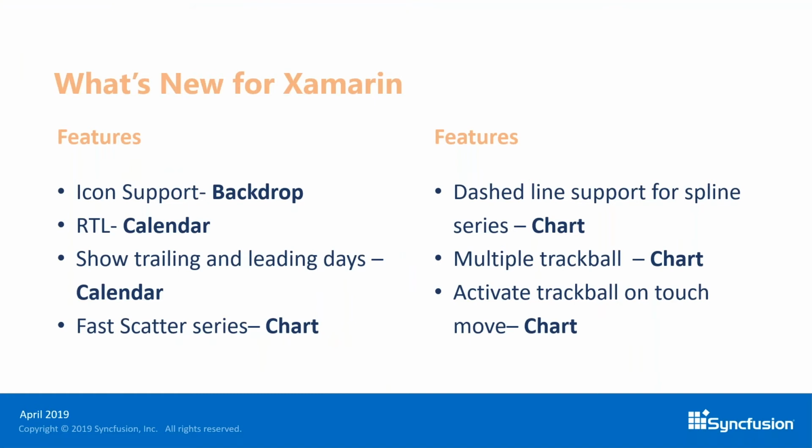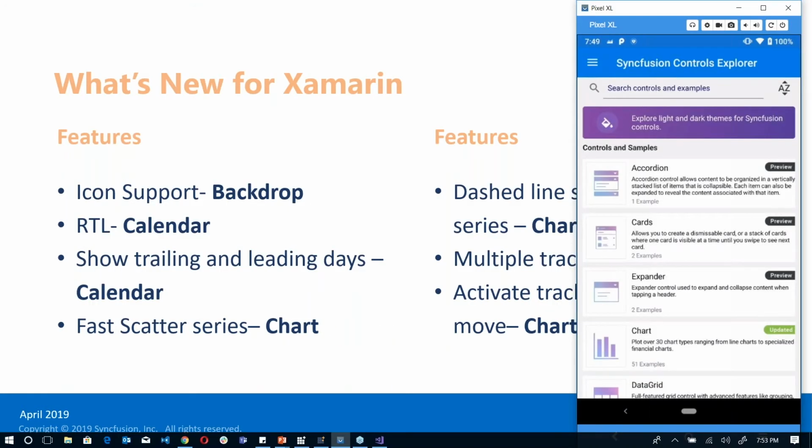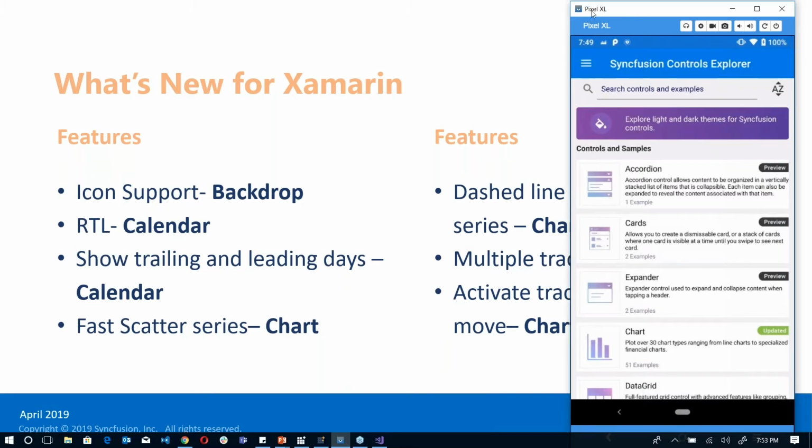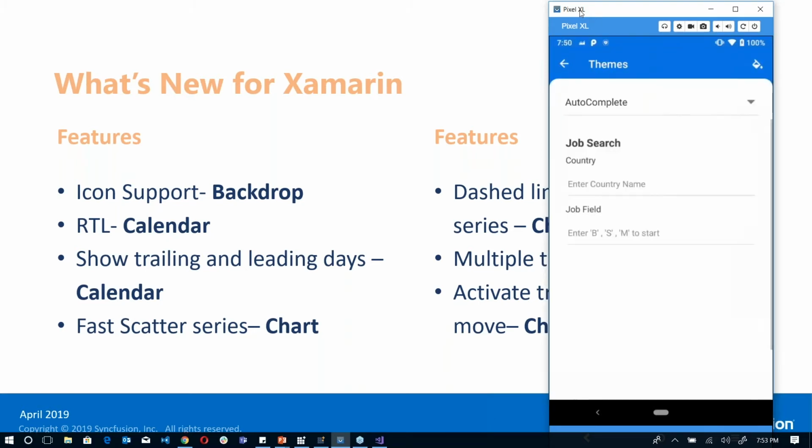Here, I'm going to just show you the demo of these features so that I can easily show you all these things available. One feature I would like to talk about is the icon support for backdrop. We have introduced backdrop in the last release, and in the right top corner of the demo you can see that I have an icon here.